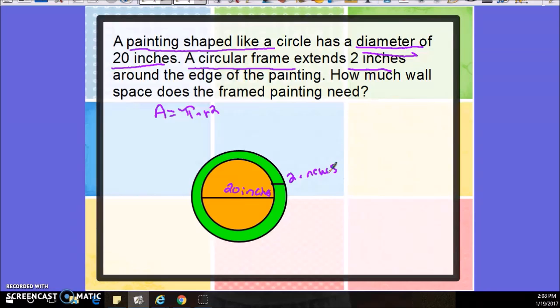We want to find the total area needed on the wall for this framed painting.